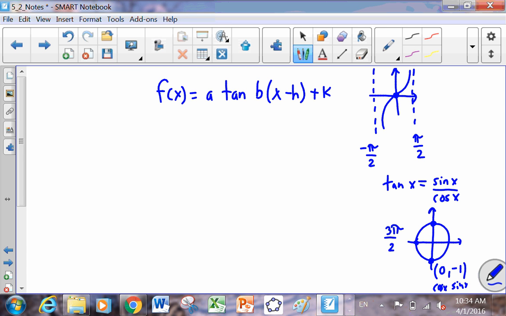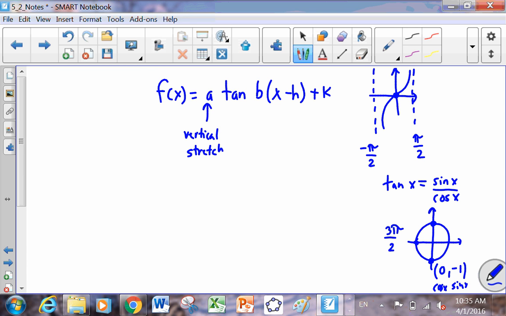Okay, so you see this graph here? That's your general idea. So A, if we change A, can we talk about amplitude here? No, because it doesn't add. But this is going to give you a vertical stretch. So sometimes instead of being like this, it's going to be more narrow or more compressed.